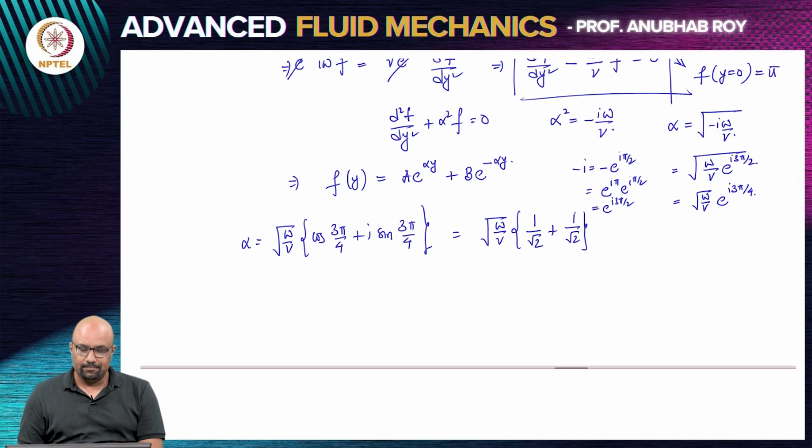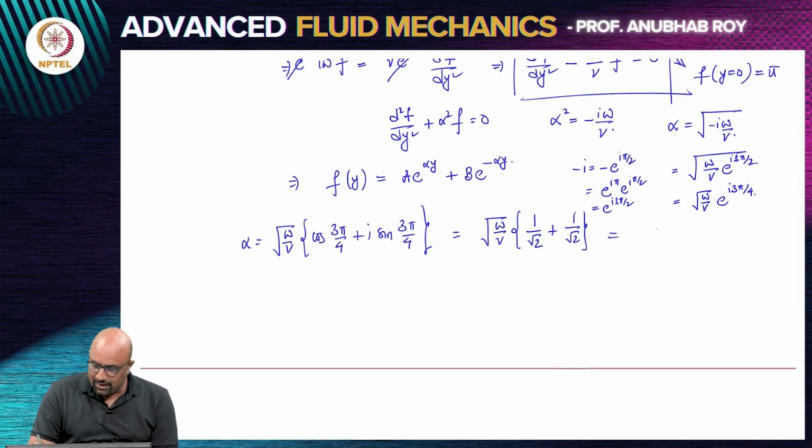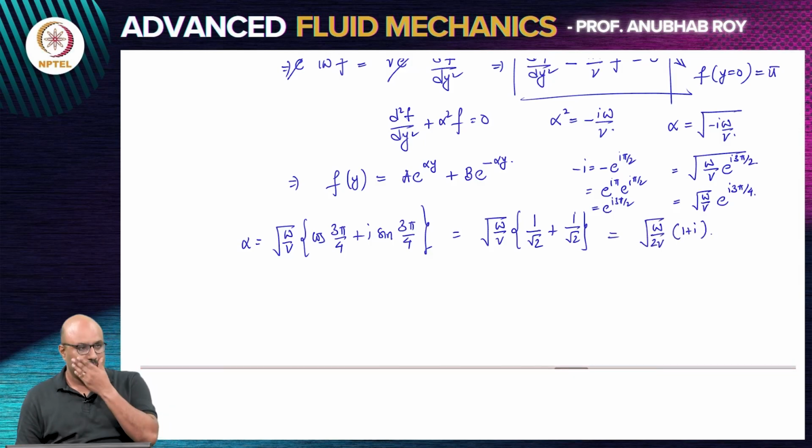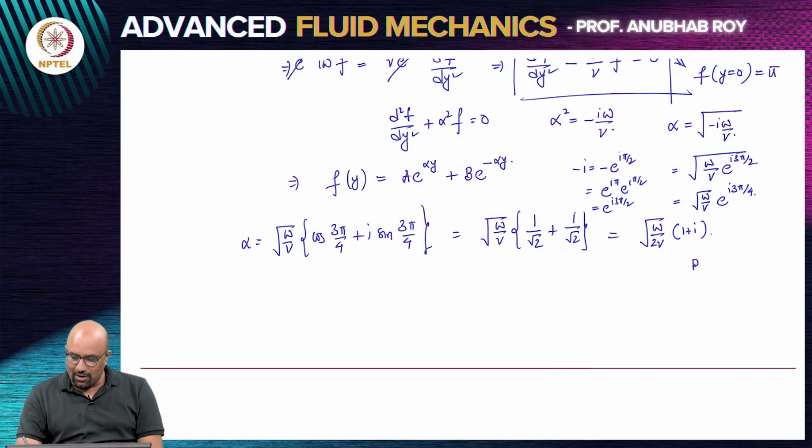Is that okay? So, my alpha is square root of omega by 2 nu into 1 plus i. Now, the reason for doing all of this is to check what is the real part of alpha. What is the real part of alpha? It's square root of omega by 2 nu, which is positive.